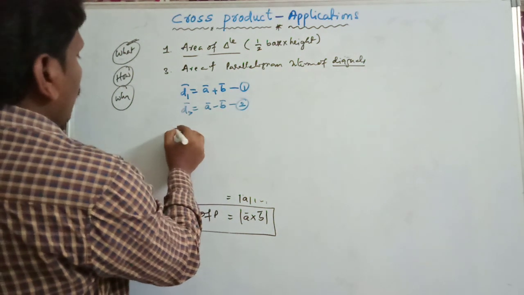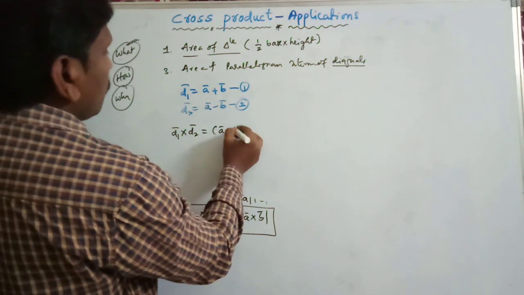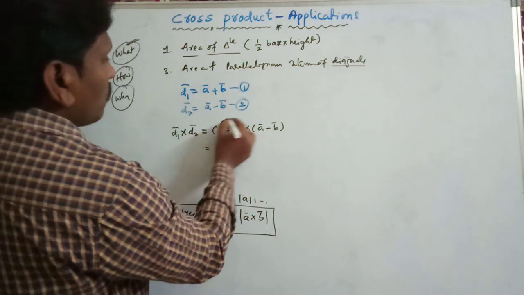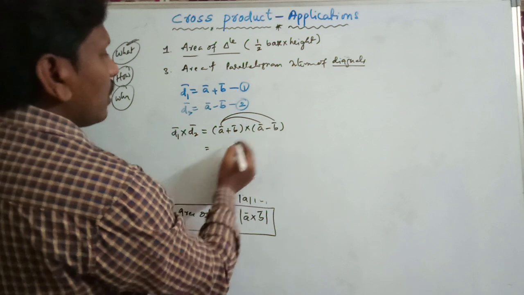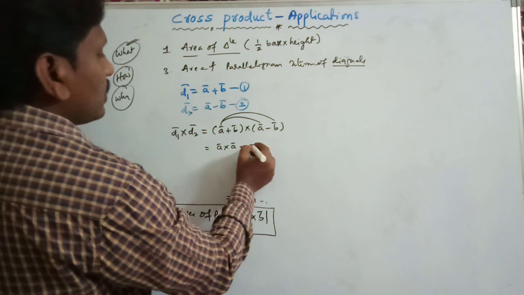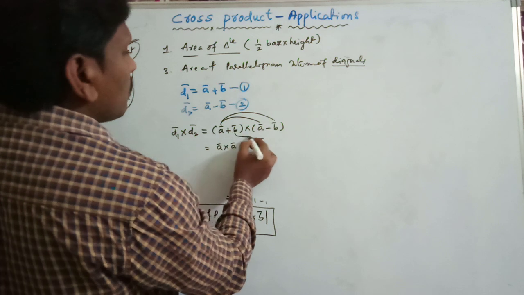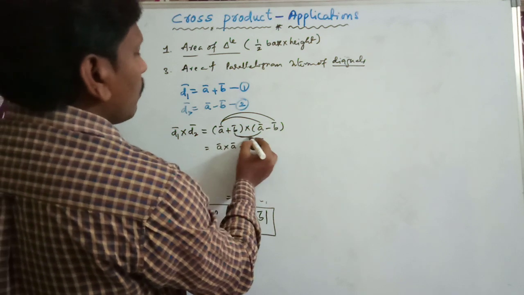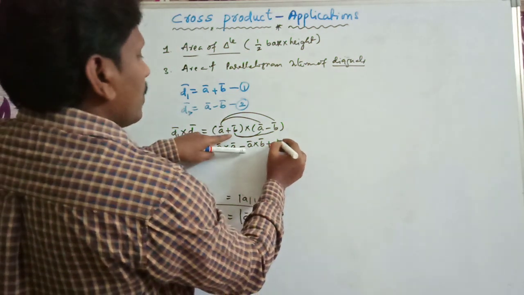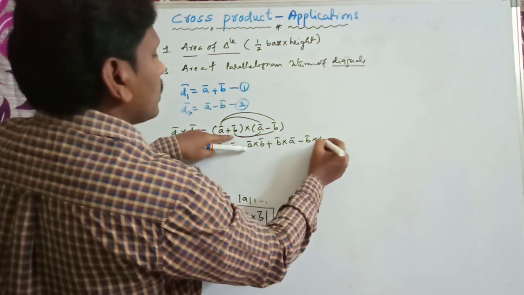I am doing D1 bar cross D2 bar, that is A bar plus B bar cross A bar minus B bar. This one should be multiplied with this, that is A bar cross A bar, and this is minus A bar cross B bar, and this B bar must be multiplied with A bar, plus B bar cross A bar, and then minus B bar cross B bar.